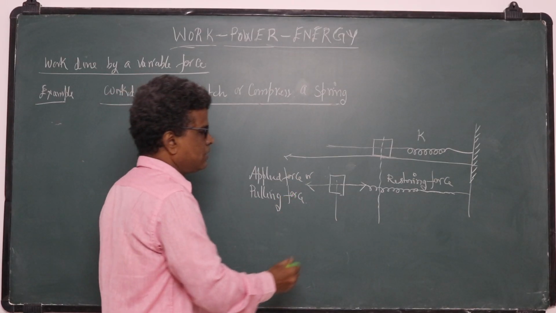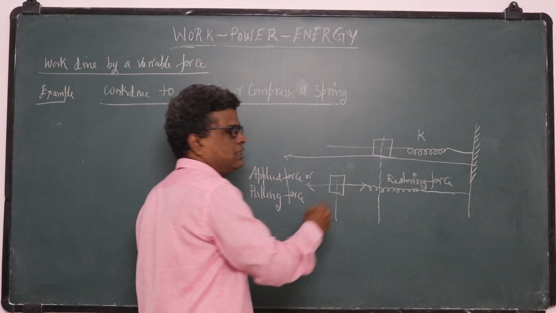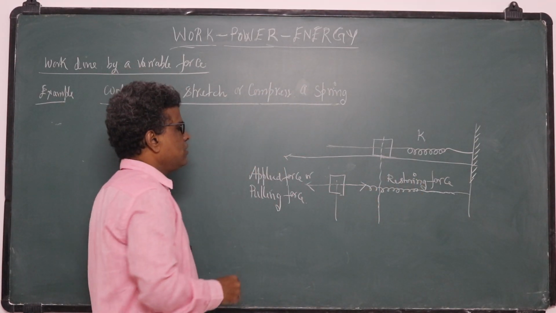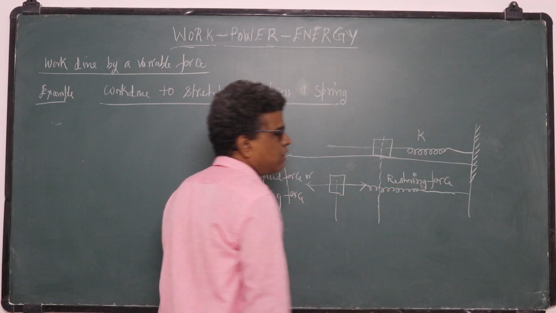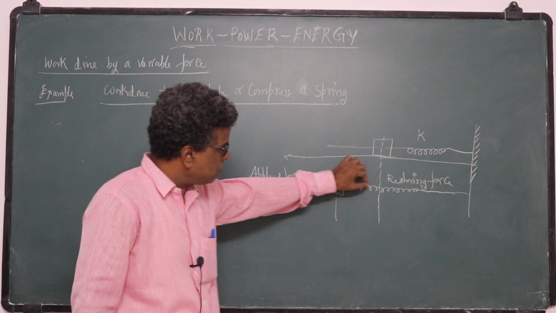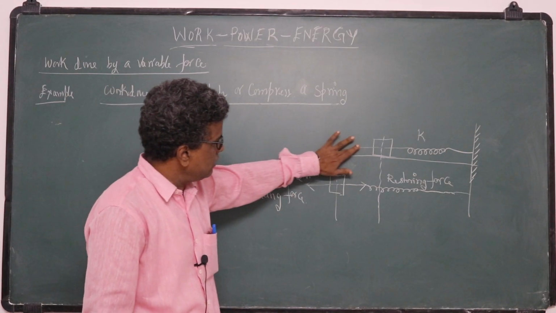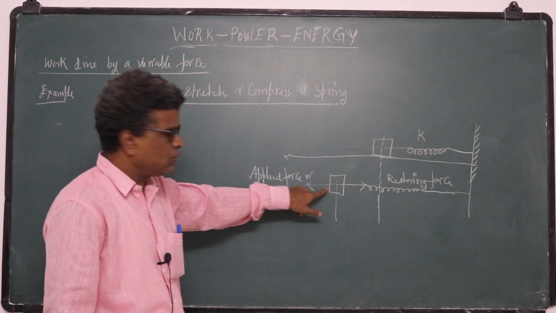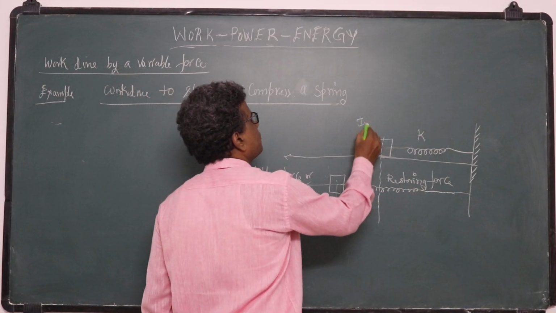These restoring forces are developed inside the spring because of its elastic nature. If you elongate more and more, this force will also be more and more. That means we are pulling this block slowly in this direction. This is the initial position.